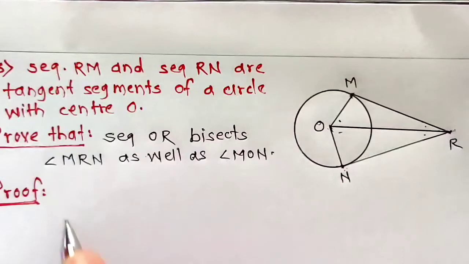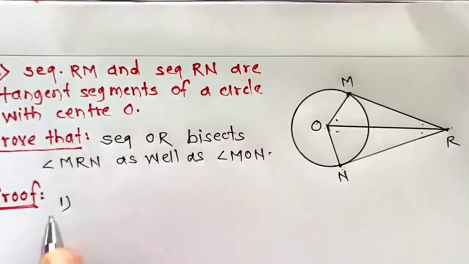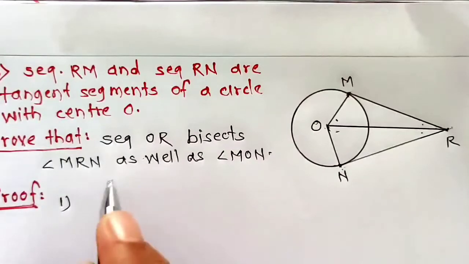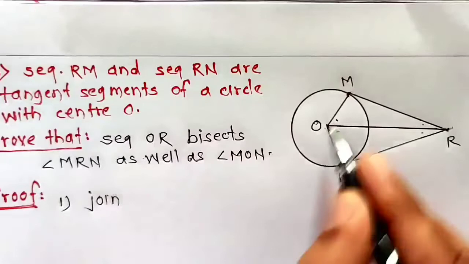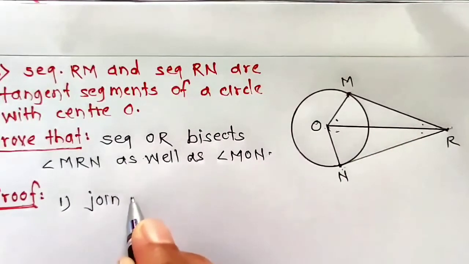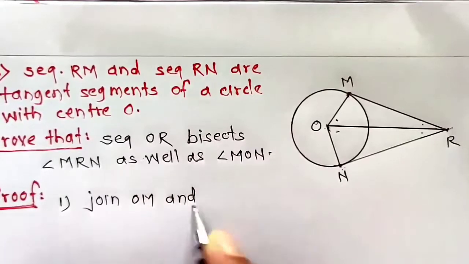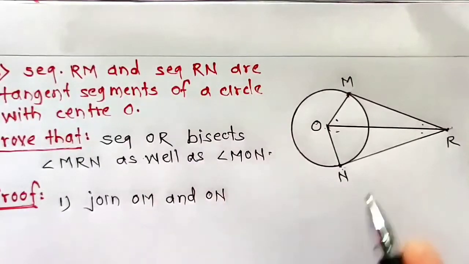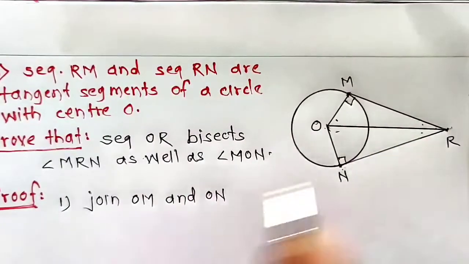So here, the first step, join OM and ON, since in this figure OM and ON are not given. So what about angles M and N?